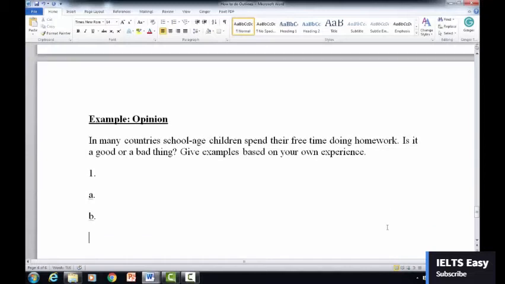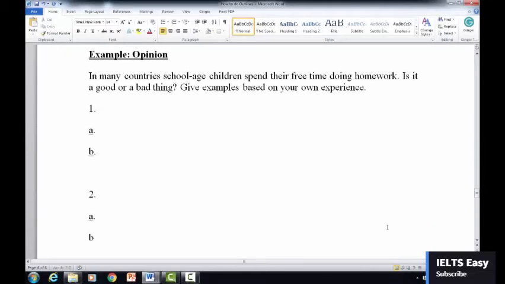A, B, to A, B. All right. I'm going to say it's a bad thing. All right, I'm going to talk about family, why it's a bad thing.